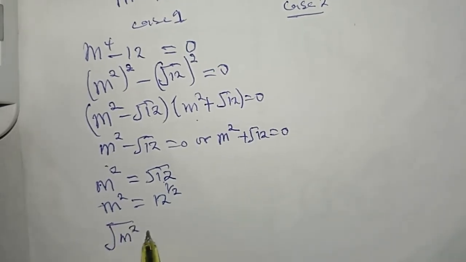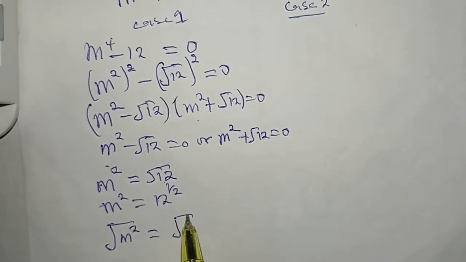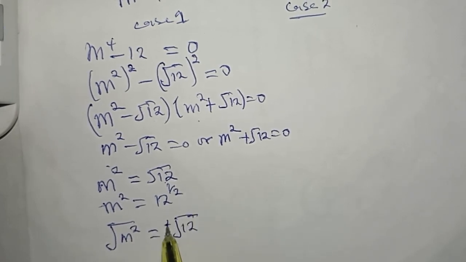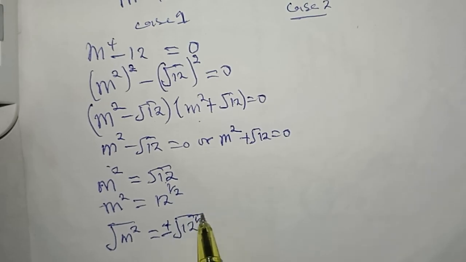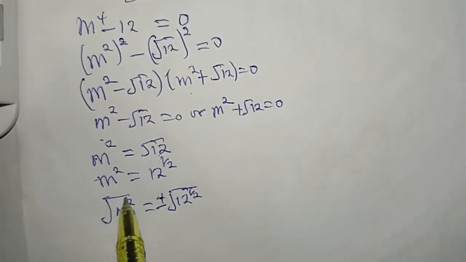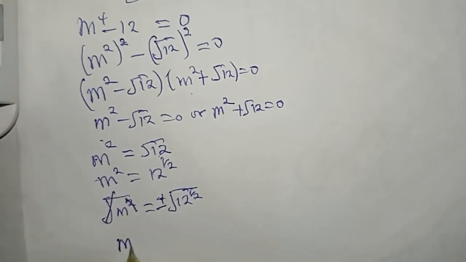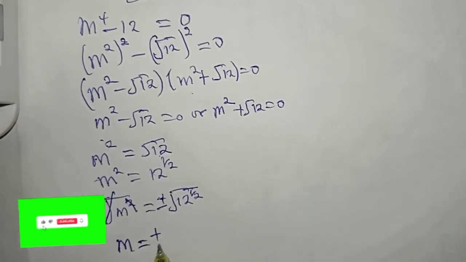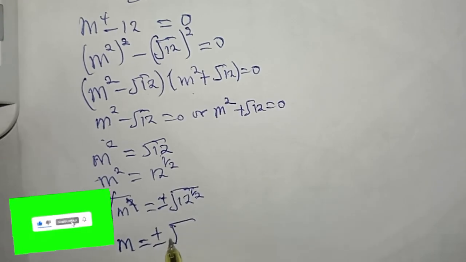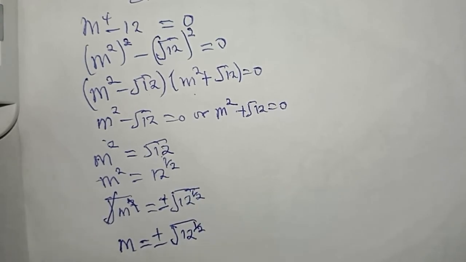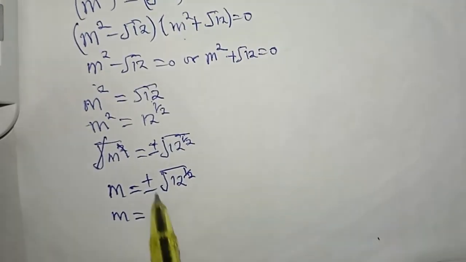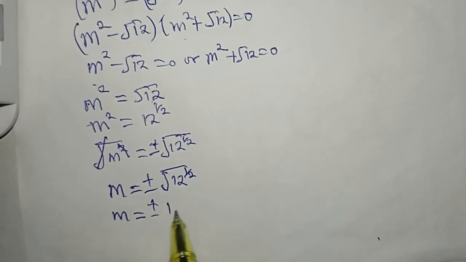Square root of m power 2 is equal to plus or minus square root of 12 power 1 over 2, and obviously this will cancel this, and m now becomes plus or minus the square root of 12 power 1 over 2.